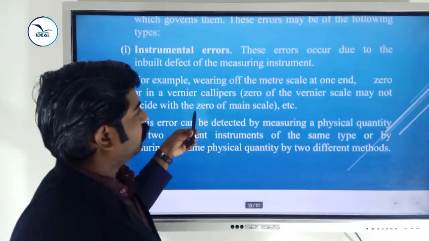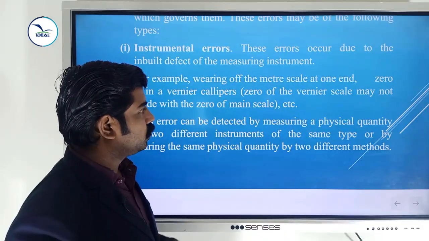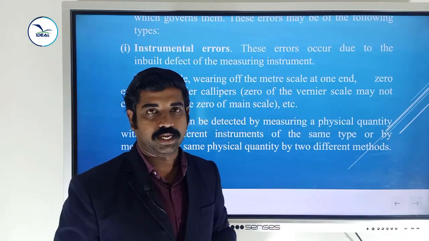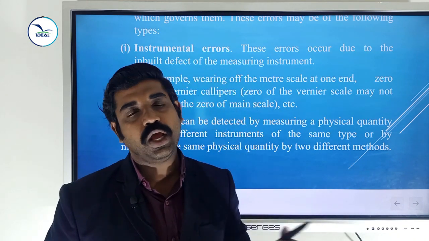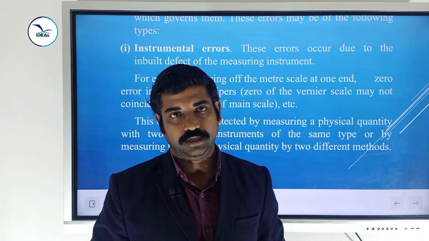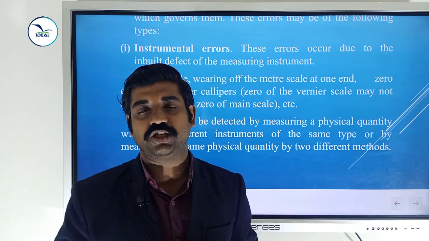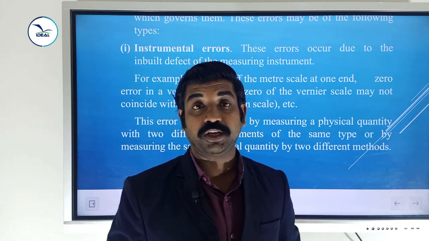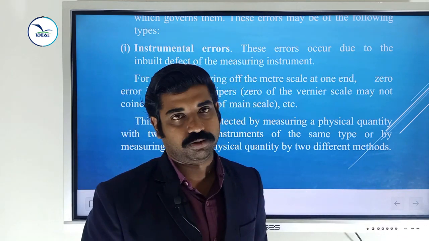For example, in a vernier scale the zero of the vernier scale may not coincide with the zero of the main scale. A vernier scale consists of two scales, the main scale and the vernier scale. Basically those two zeros should coincide. If not, then when I measure anything using that instrument, there are some errors, because of the imperfection in that measuring instrument.